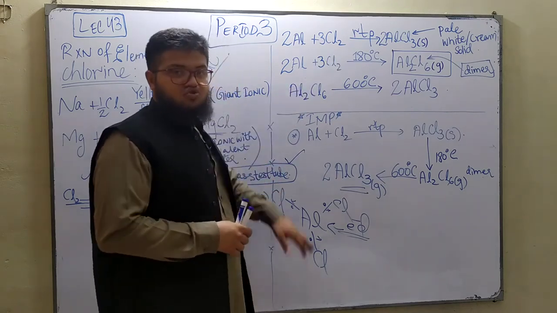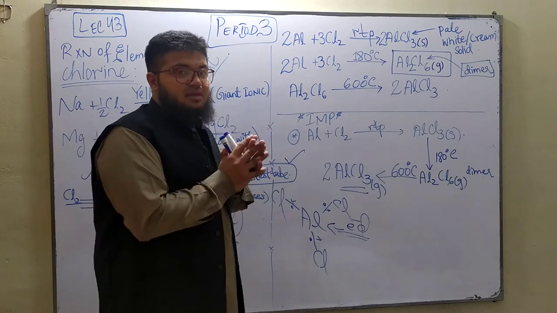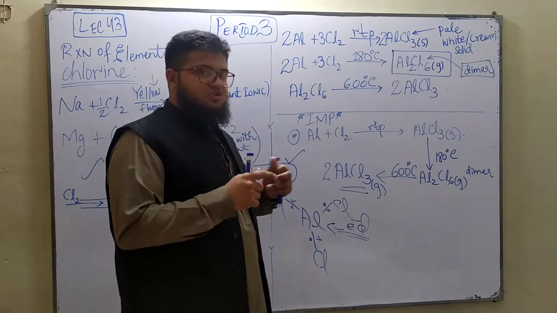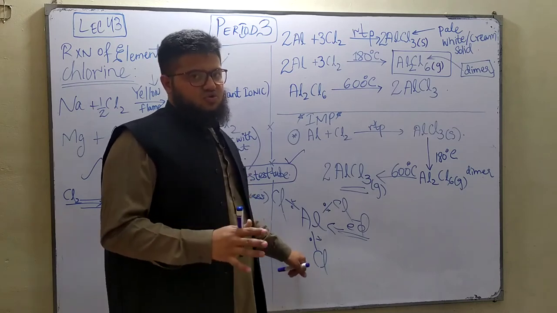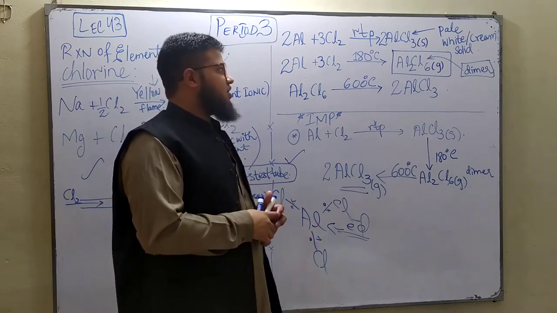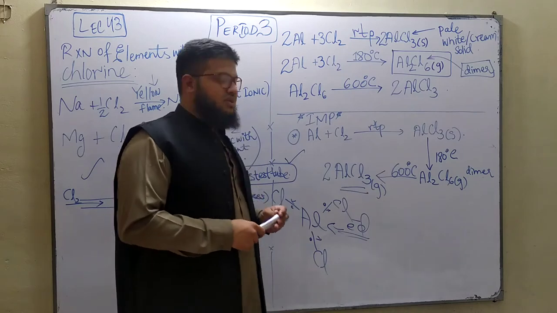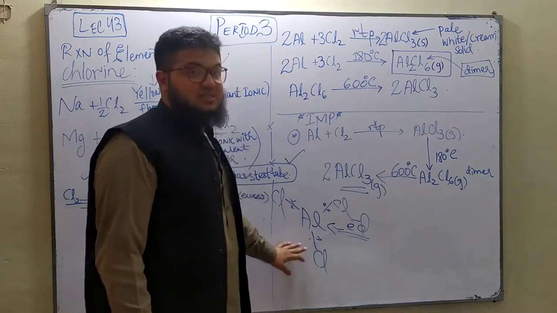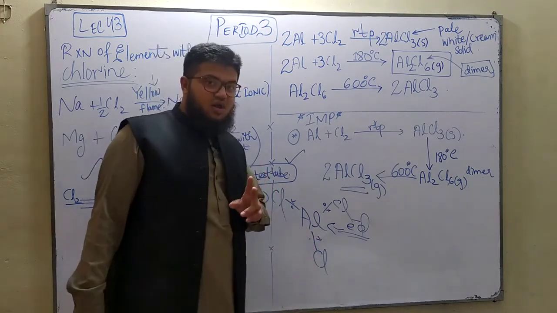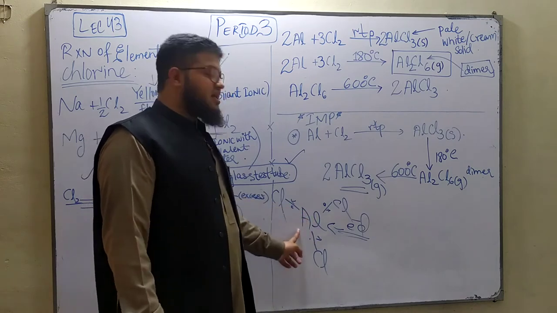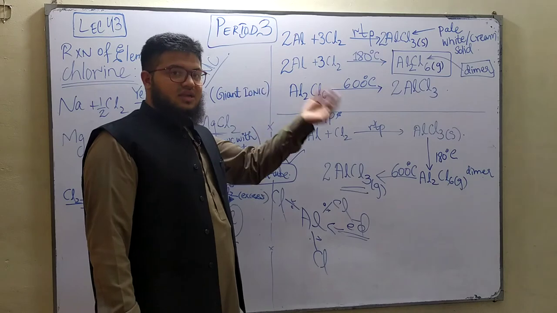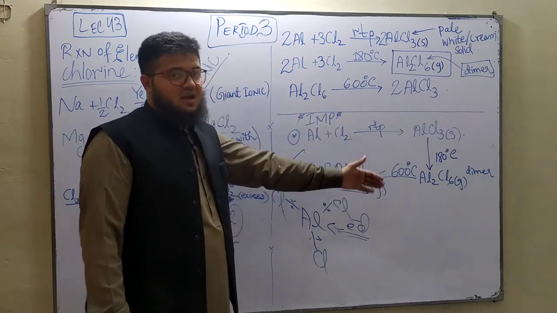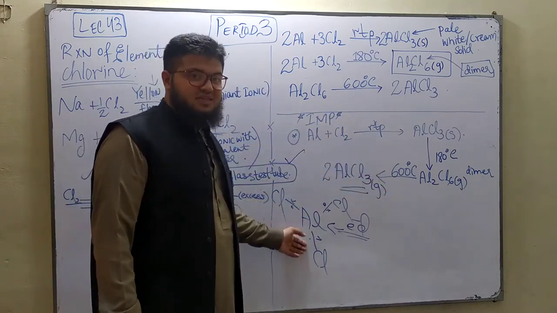Two molecules of AlCl3 combine by dative bonds. Remember the structure of Al2Cl6, it contains dative bonds. In the covalent bonding chapter, in the dative bonding chapter, you must have seen that diagram of Al2Cl6. It contains two dative bonds, one from the chlorine of this AlCl3 molecule to the aluminum of the other, and another dative bond from the chlorine of the other molecule to the aluminum of this molecule.